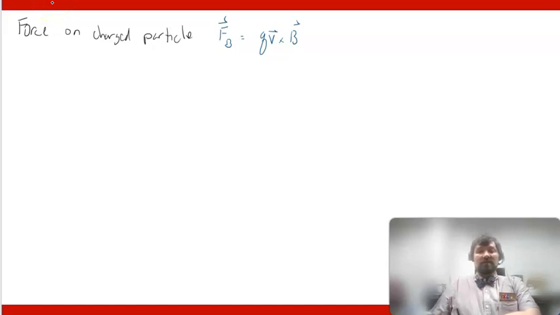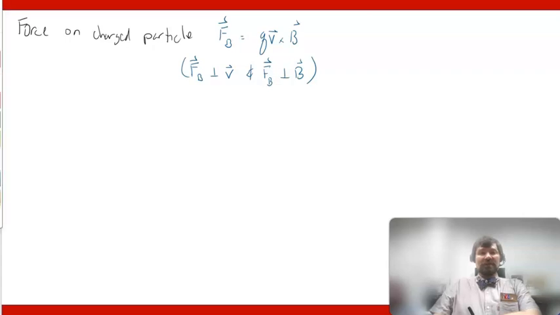And that essentially means that the force from the magnetic field is perpendicular to both the velocity and the magnetic field. So now what we want to do is consider what would happen if you had a charged particle entering a magnetic field.